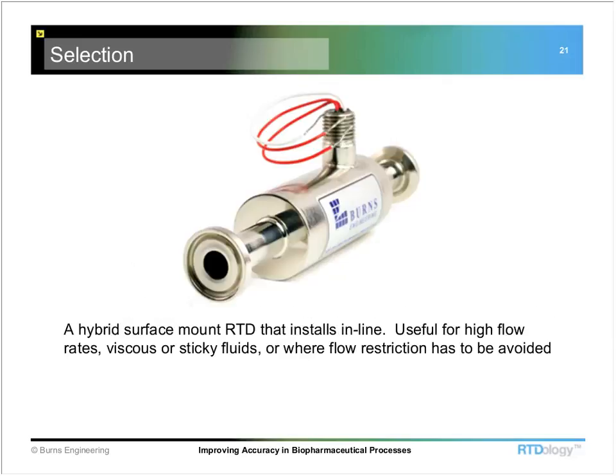There's one exception to the surface mount, and this is a bit of a hybrid that is a sensor that's bonded to the tubing, and then there's a stainless shell welded around it and insulated heavily. Typically what you'll see with this is that it's not going to measure the exact fluid temperature, but the measurement is fairly repeatable, so that if you can make some adjustments in your measurement loop to compensate for it, it will give you a fairly repeatable number.